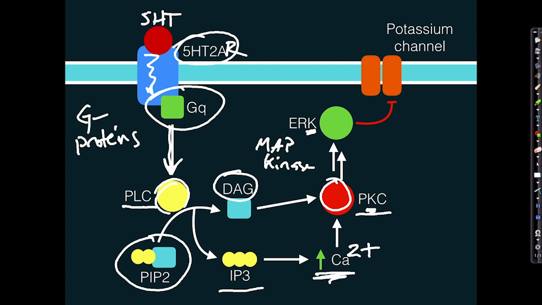It's phosphorylated and activated, and the activated form of ERK does what? Well, it phosphorylates a potassium channel. Now, we haven't discussed the phosphorylation of potassium channels, or any channels really, but just like enzymes, sometimes when you phosphorylate a channel, you can actually affect its structure.